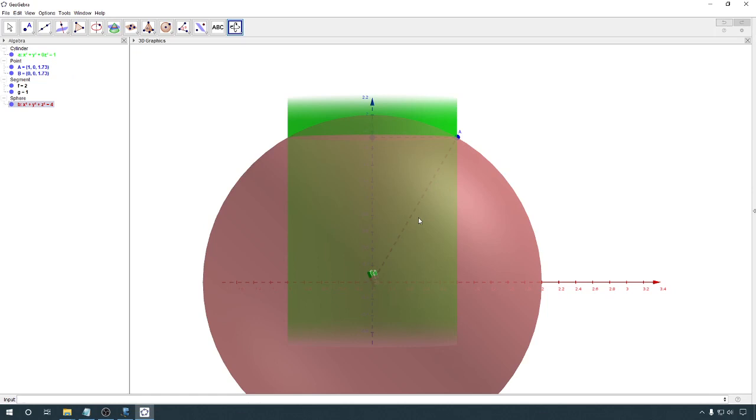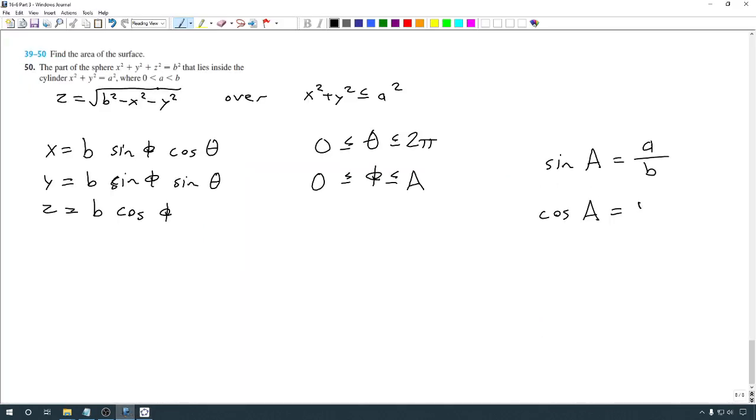So we're still going to have b on the bottom. We have to figure out what the actual adjacent is, but we can use the Pythagorean theorem. That is going to be the square root of b squared minus a squared. So we have the square root of b squared minus a squared over b. That's going to be relevant at the end.